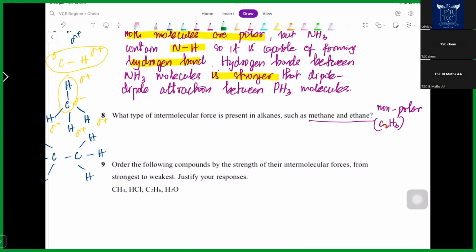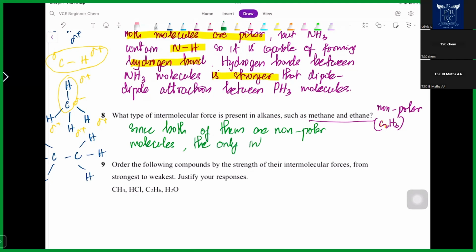So since both of them are non-polar molecules, the only intermolecular force is the dispersion force.